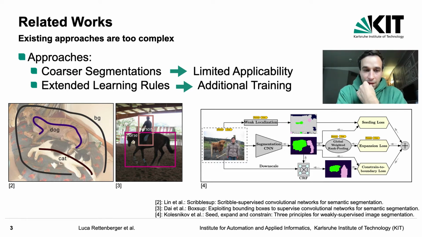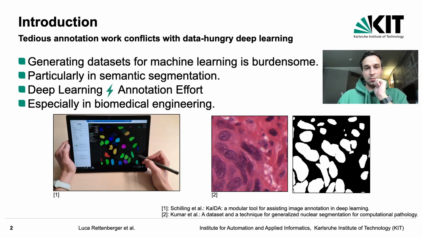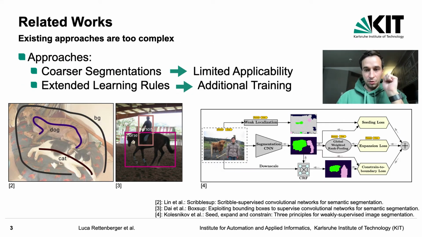So in that case, you just scribble roughly around the dog, then you scribble roughly around the cat, and then you mark the background with also just a thin line. And that then is everything the network gets to generate full segmentation masks. You have to keep in mind that generating such full segmentation masks is still the goal, even with those approaches.